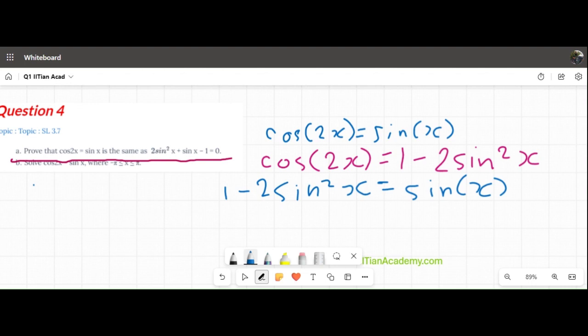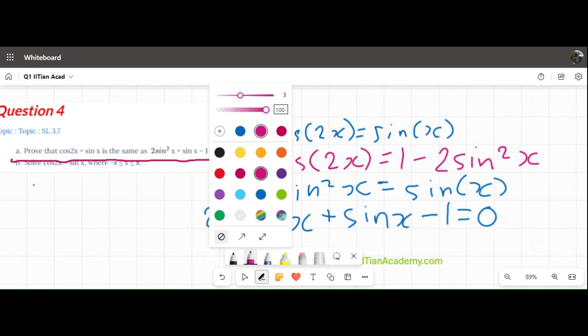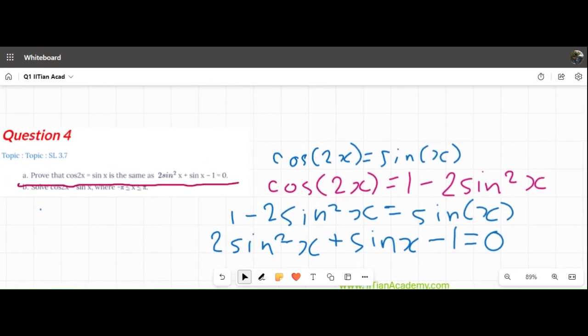And then if we bring all of our variables to one side, we will then get 2 sine squared x plus sine x minus 1 is equal to 0. And that is the answer to part A. And this was done by bringing this left side over to the right side. All right, so that is the answer to part A.